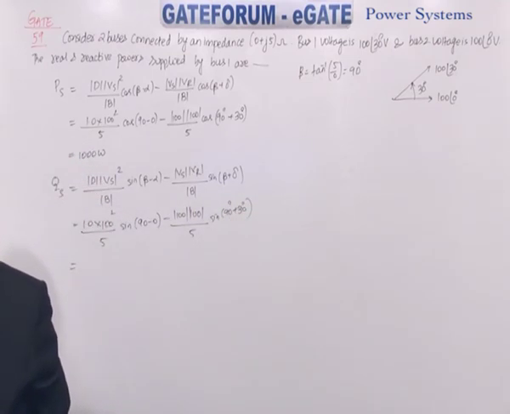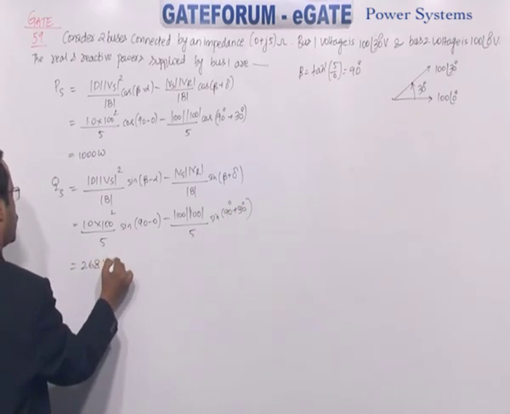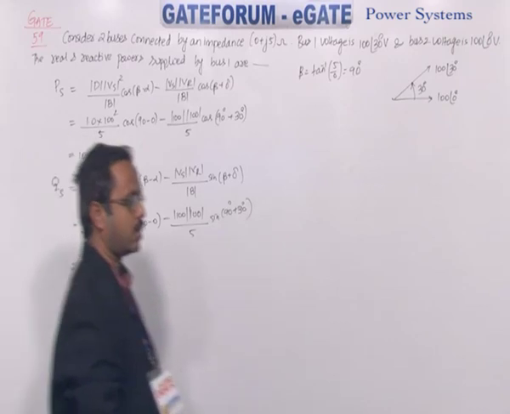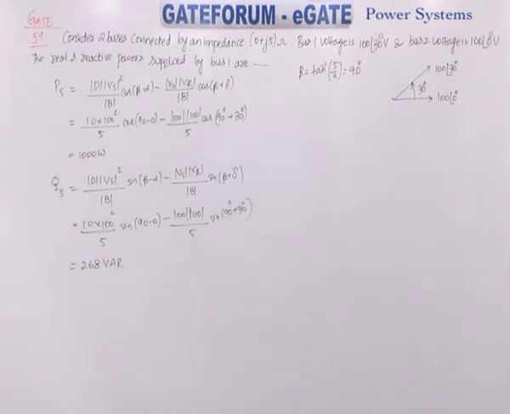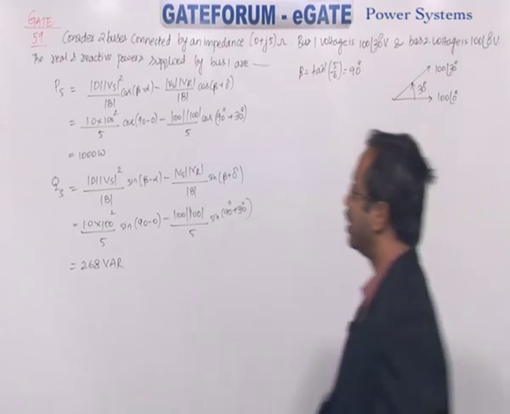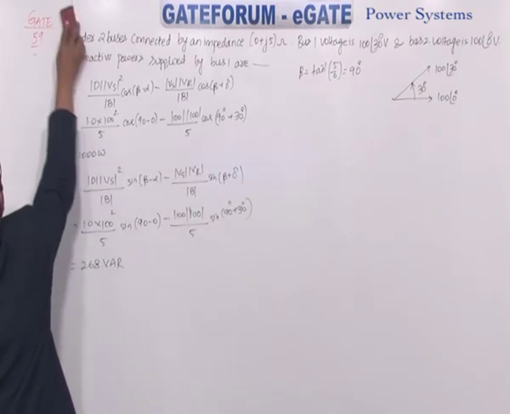So what is the value of QS? You get 268 VAR, 268 volt amperes reactive. So it is a simple calculation based on substitution of data in the formula to find out PS and QS.